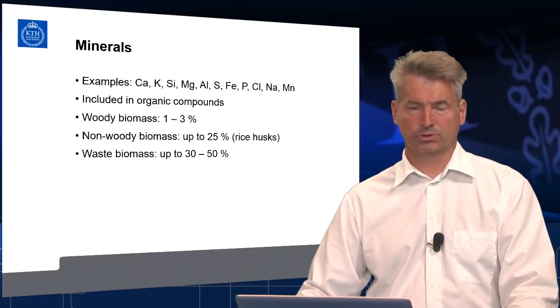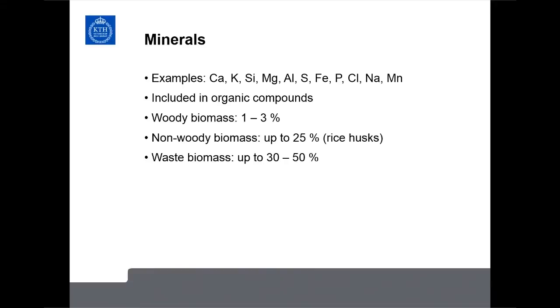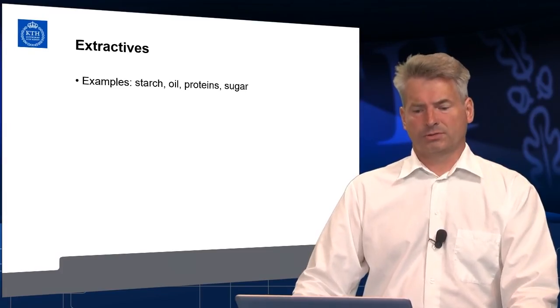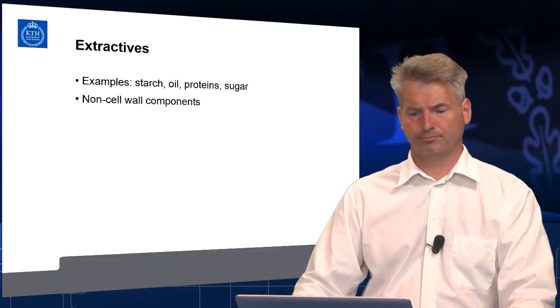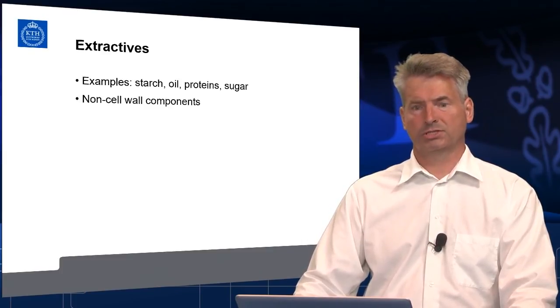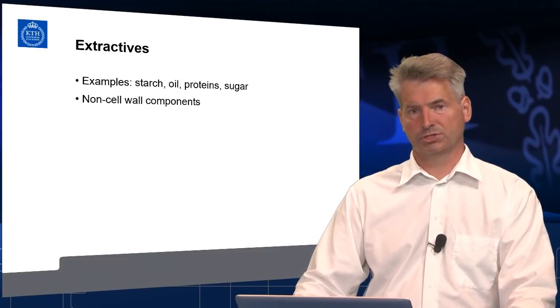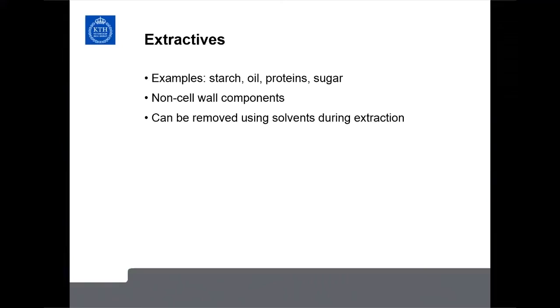Waste also contains a large amount of different minerals, up to 50%. Examples of extractives are starch, oil, proteins, and sugar. These components are not in the cell walls. They can be removed by using solvents during extraction.